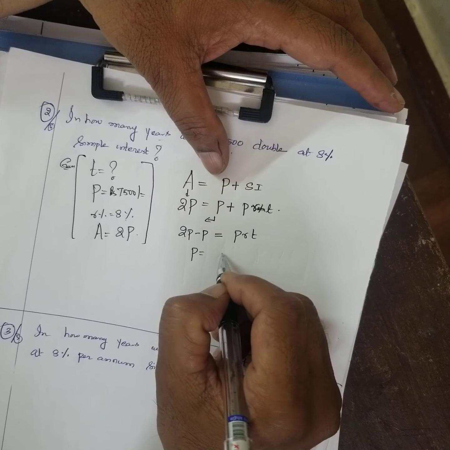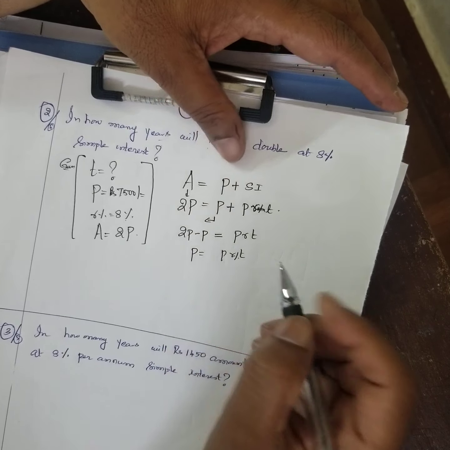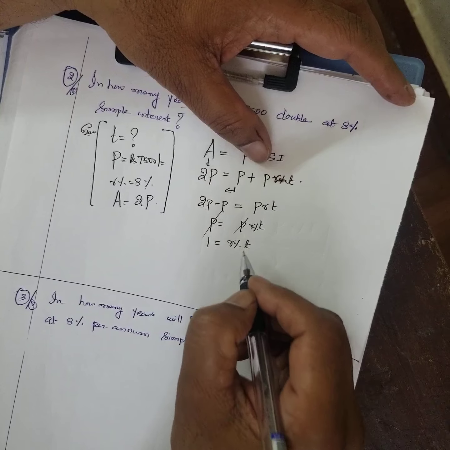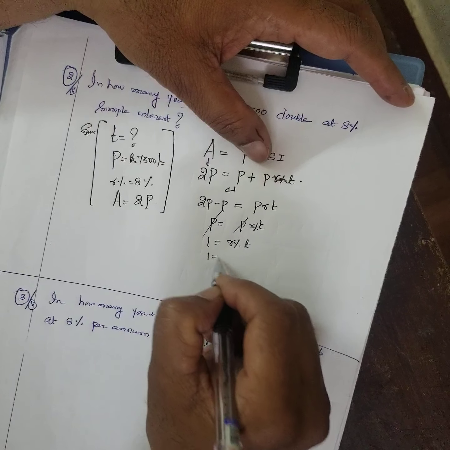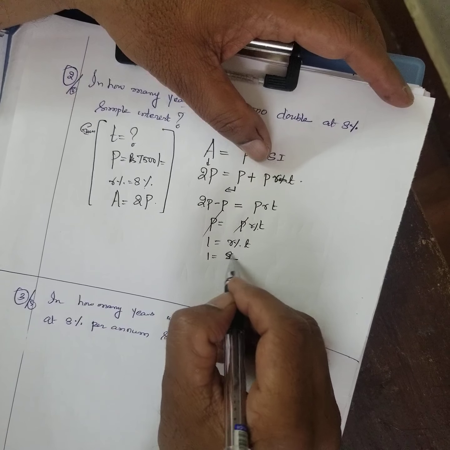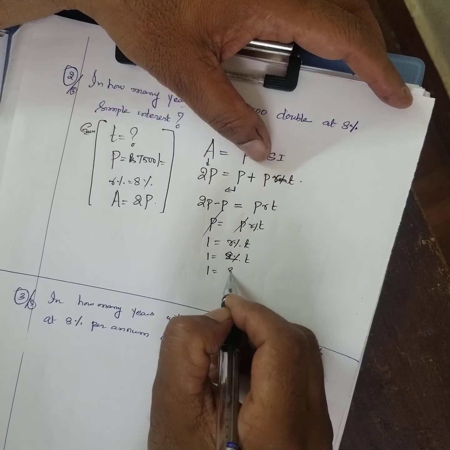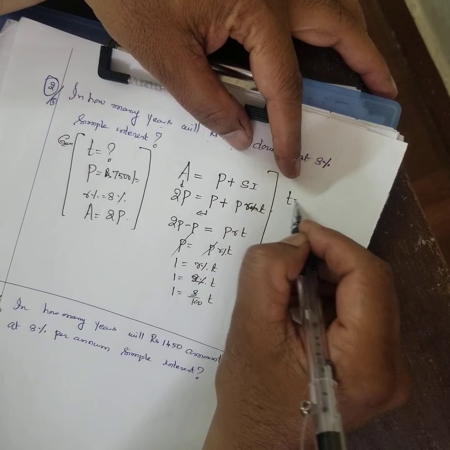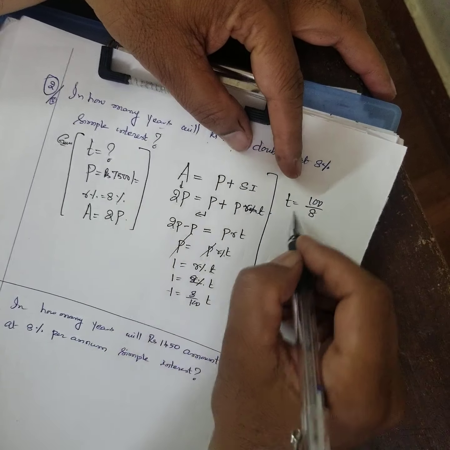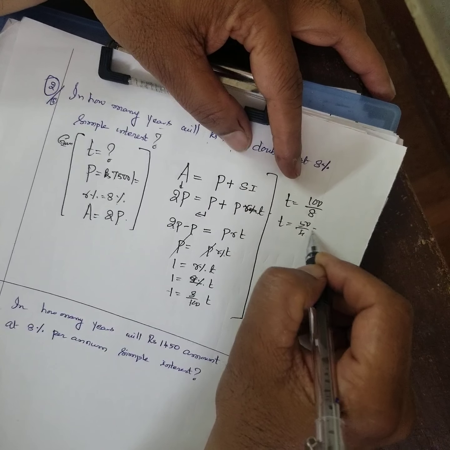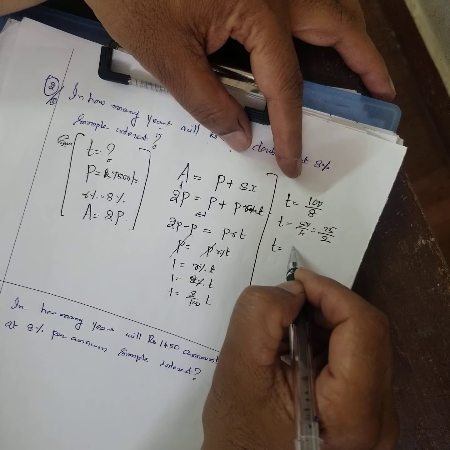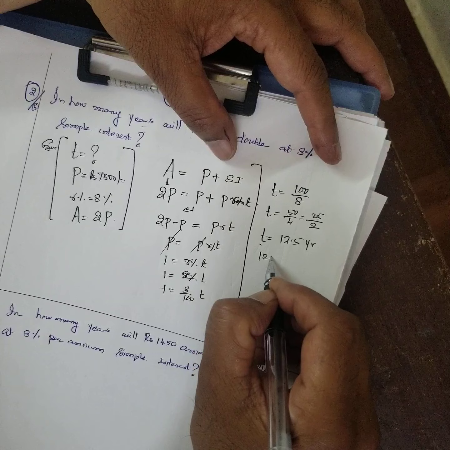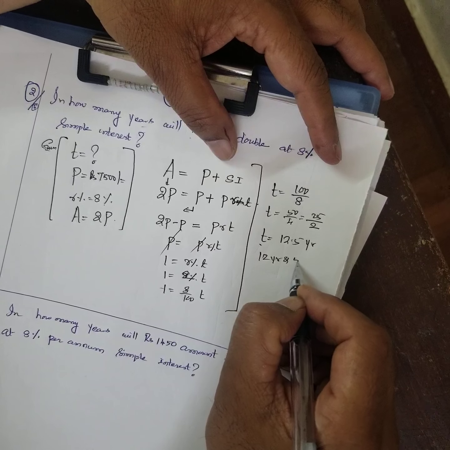P is equal to PRT, so P and P get cancelled. 1 equal to R percent T. R percent is 8%, so 1 equal to 8 by 100 into T. Then cross multiply: T is equal to 100 by 8, or 50 by 4, or 25 by 2, or T is equal to 12.5 years. That means 12 years and 5 months.